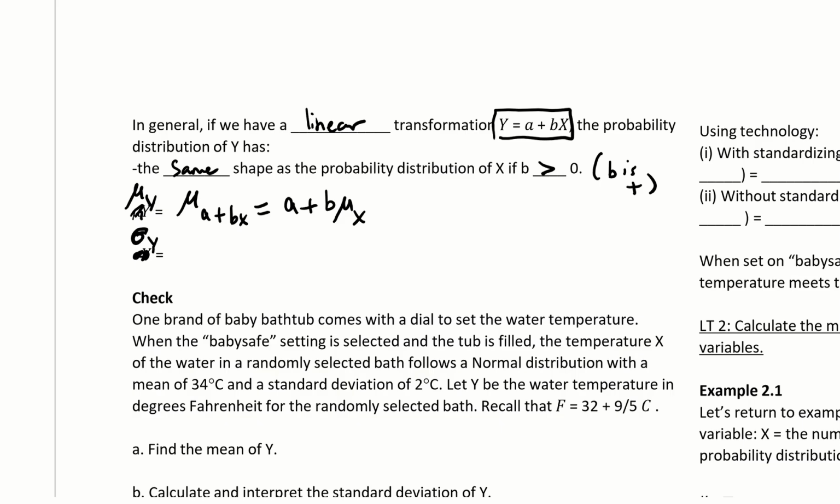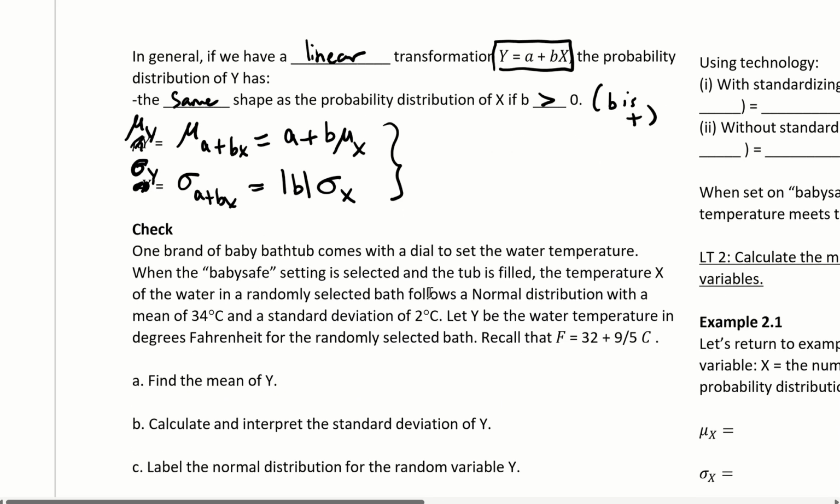So we get that the mu of that transformation becomes that. The sigma of this linear transformation, remember, showing our work, a plus bx, the plus a doesn't do anything, addition doesn't do anything to the standard deviation, but the multiplication does. And so we get absolute value b, sigma x. Okay, so these are your rules for linear transformations.